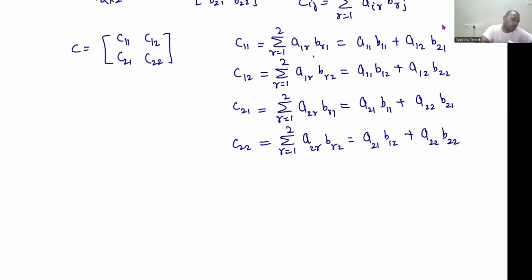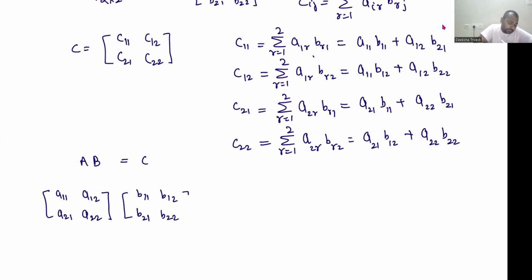Now if we write all these elements in C, if you observe, AB equal to C. Now A matrix, what do we have? A11, A12, A21, and A22. What is the B matrix we are writing? B11, B12, B21 and B22. Now the matrix C we are writing after multiplication, that is C11, C12, C21 and C22. Now what is C11?